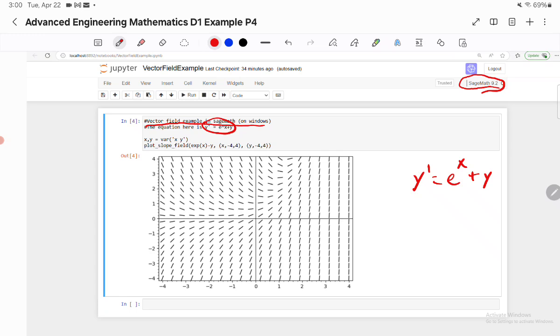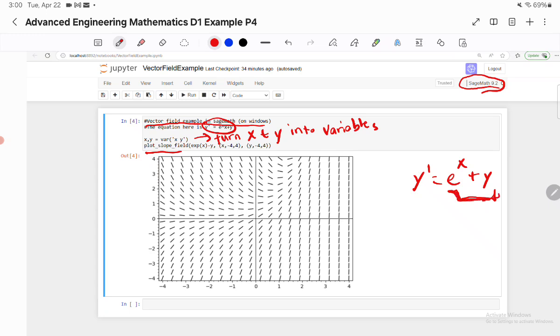Okay, and so substituting this into Sage Math, first you have to get variables. And then fortunately, Sage Math has a very simple method called plot_slope_field, where you simply substitute in the right hand side of the equation.